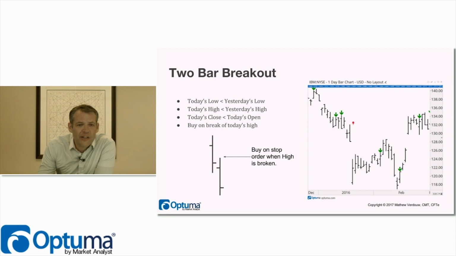Now in this chart here, you can see these green arrows are where that would have happened. So take this case, we've got our lower bar there, lower top, lower bottom, the close is lower than the open, and at this point here, we took out that high and we would have taken an order. So you can see that there's some pretty ordinary signals there, but a really nice one here.